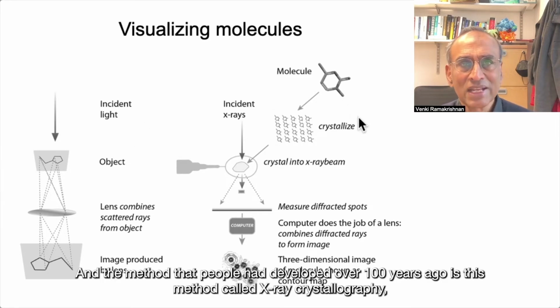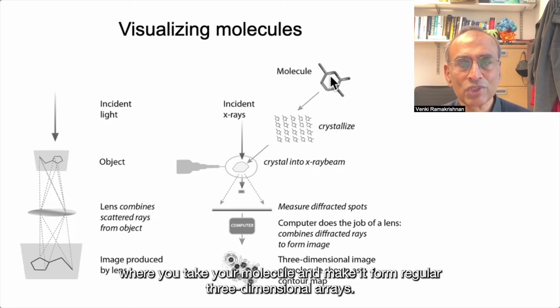And the method that people had developed over 100 years ago is this method called X-ray crystallography, where you take your molecule and make it form regular three-dimensional arrays.